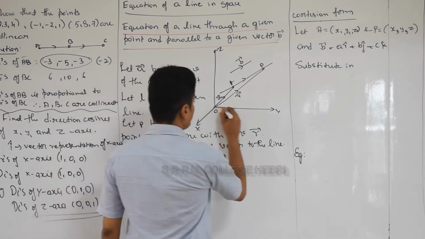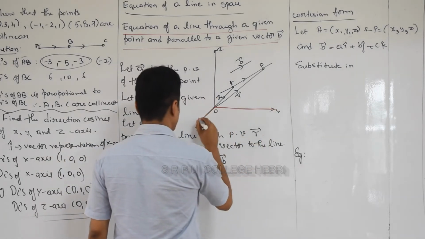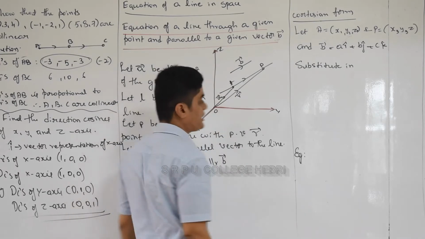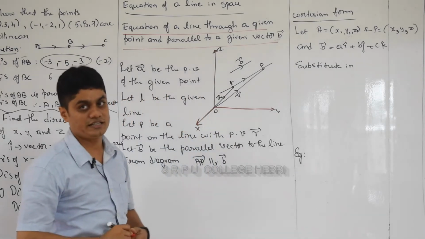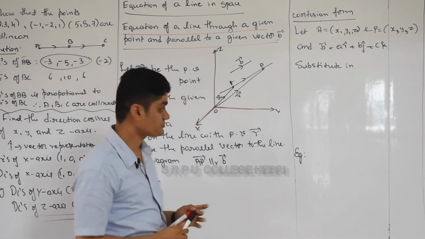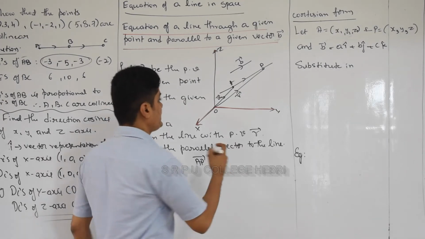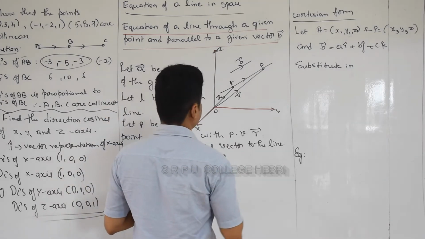Observe carefully. We are writing the 3D diagram. So how many coordinate axes are required? Yes, we require 3 coordinate axes: x-axis, y-axis, and z-axis. So consider a straight line in space.